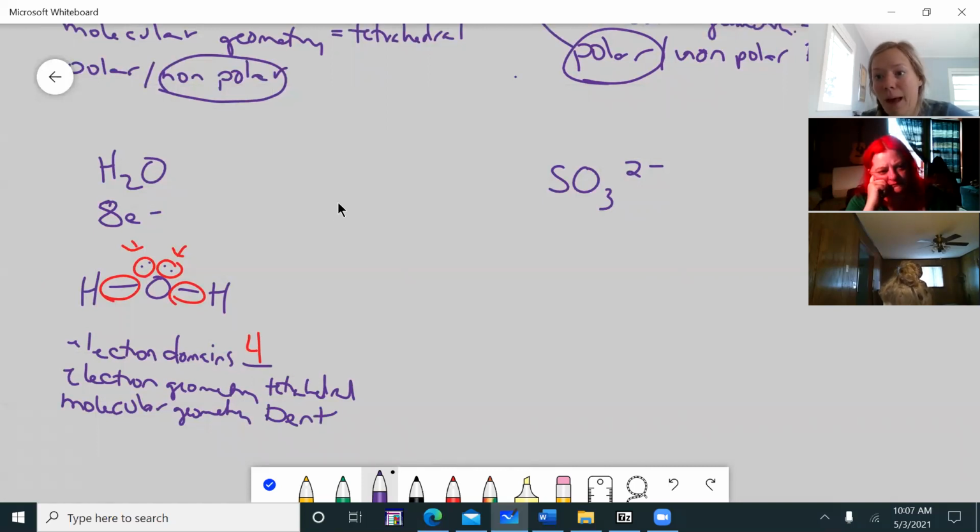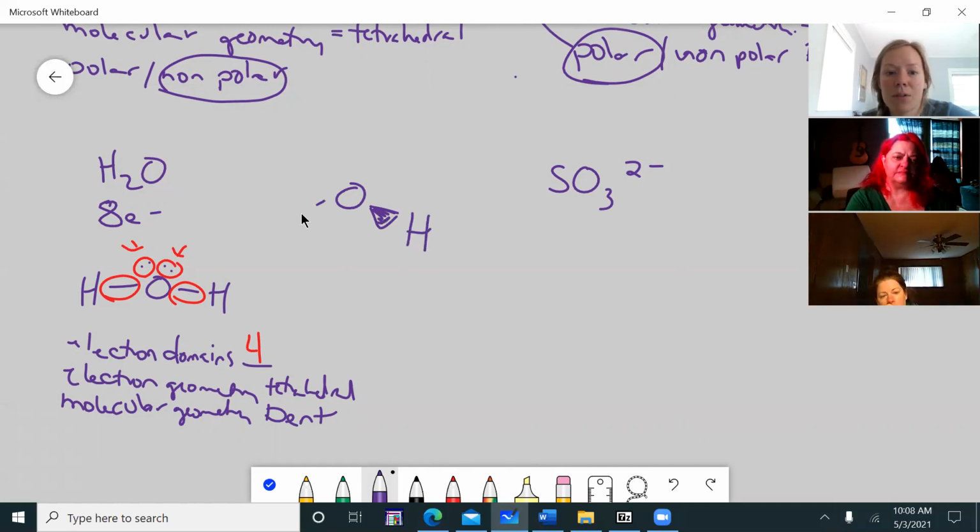I'm really bad at drawing 3-dimensional structures. Let's see if I can sort of do it. Here's one thing sticking out towards you, and this is sticking out towards you, and then these are going back into the page, and this is 2 electrons. Yeah, I can't even do it.